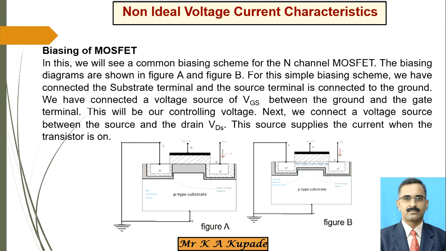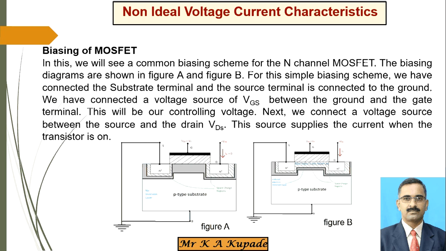At that time, what is the situation of this MOSFET? We already saw that there is no inversion layer created in the channel, and due to that there is no current conduction from the drain to source.